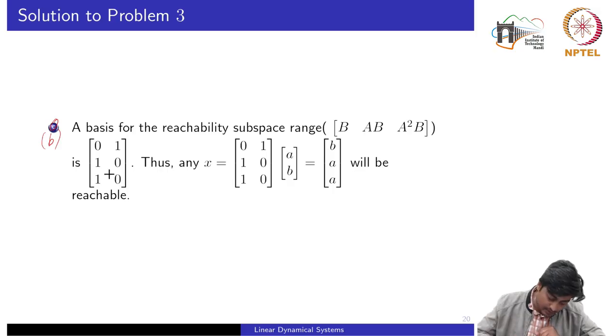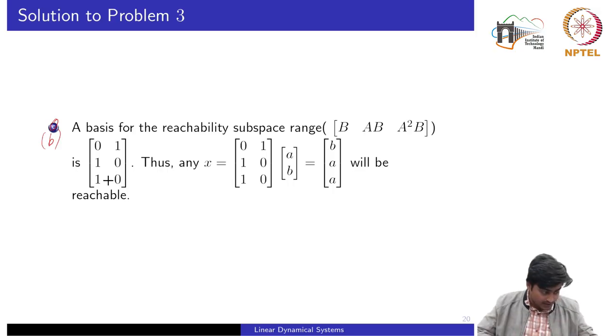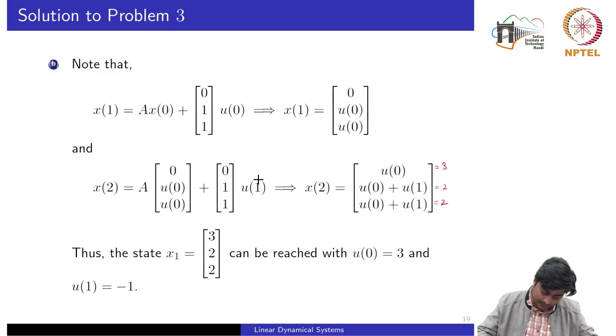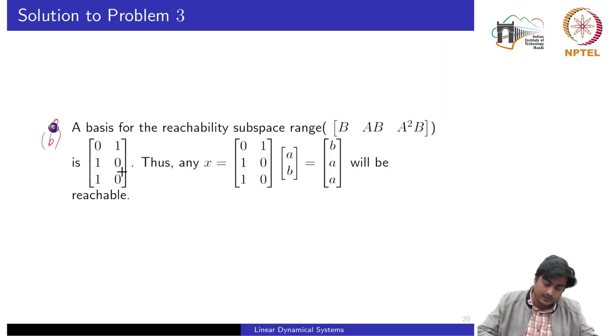Now choosing this as a basis, the first one is the 0 1 1 element, and the other we have chosen such that it is linearly independent of the first vector. Substituting this here, all those x's having this arrangement will be reachable.